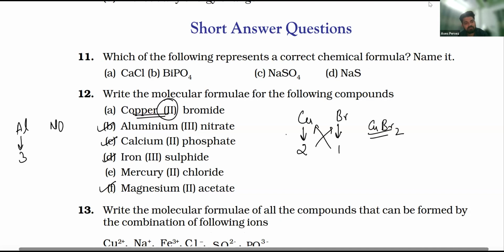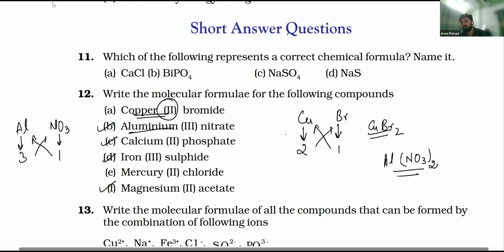Nitrate is NO3, valency 1. Cross multiply. What will you get? Al(NO3)3, with NO3 in brackets thrice. Okay, this is aluminum nitrate.